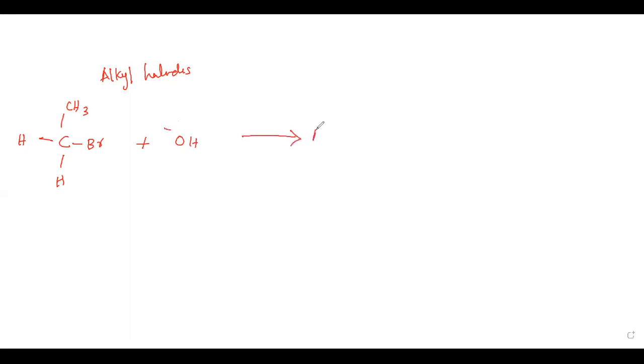The second reaction: CH3, CH2, CH3, CH3, Br, reacting towards OH minus, reaction 2. So what is happening here? The question is, what are the products in reaction 1 and 2?